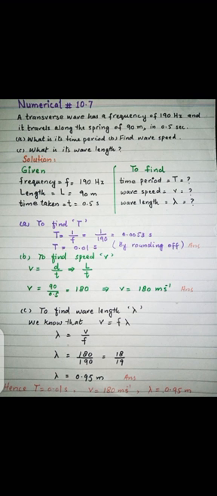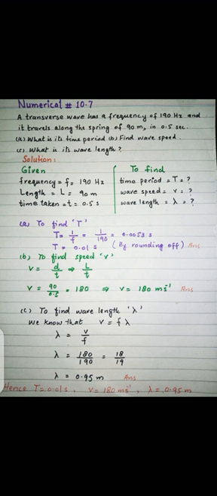Hence, we can say V equals L over t. By putting the values in this relation, V equals 90 over 0.5, which is equal to 180. Hence, the velocity or the wave speed is equal to 180 meter per second.